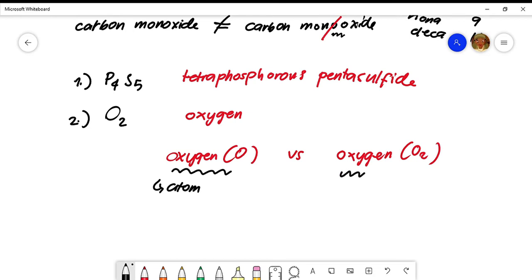And O2 is a pure element or a molecule compound. It's a compound since it has more than one. This O2 consists of two atoms bound together, forming a molecule also called oxygen.